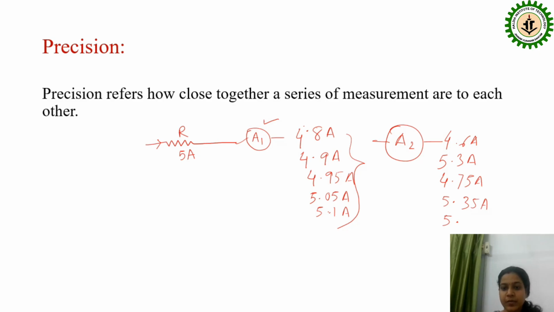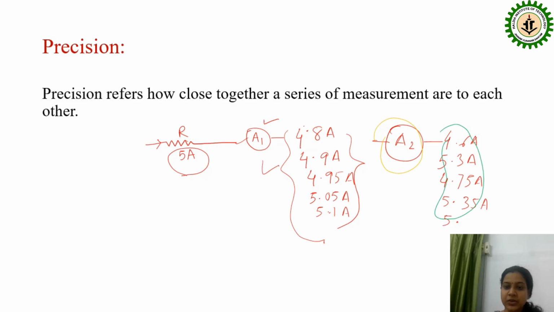So here we can see that for ammeter 1, all values are very close to the true value, where the true value is 5 ampere. But for ammeter 2, the values which are coming are not near the true value.